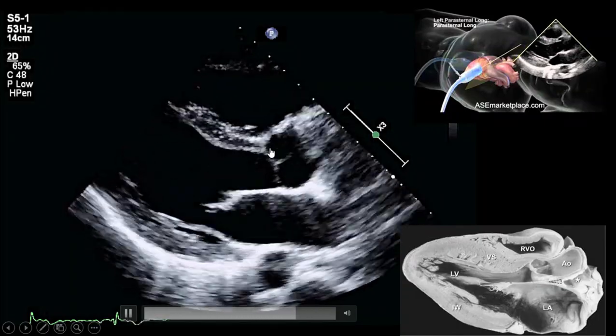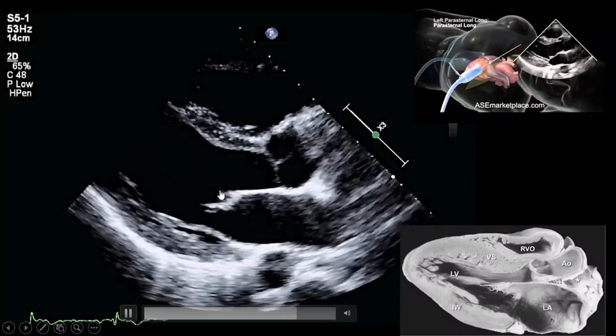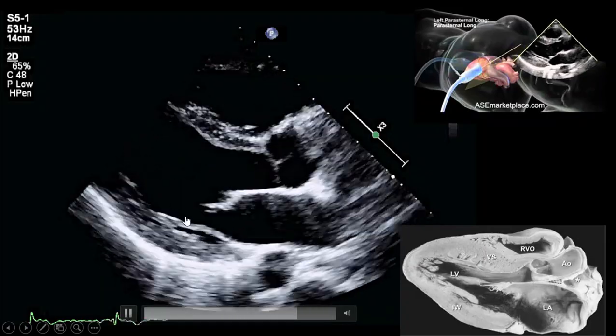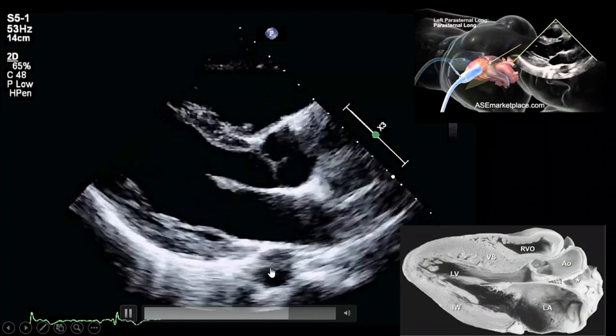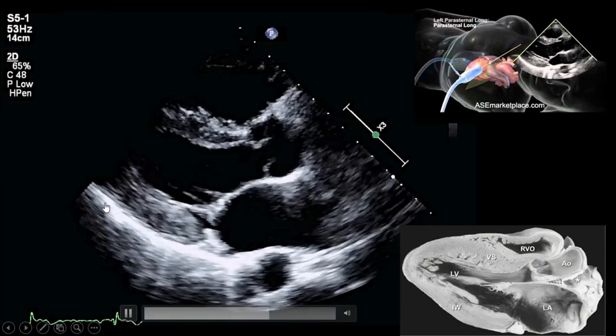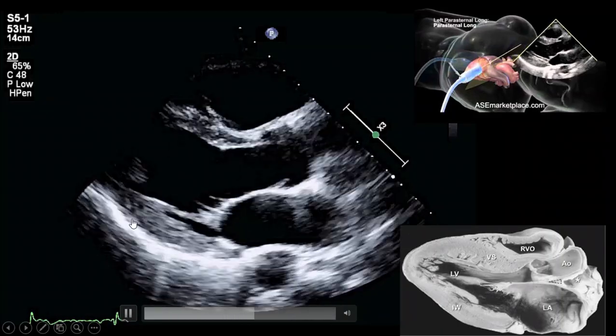Later we will talk about which one is which. Then the posterior wall, anterior mitral valve leaflet, posterior mitral valve leaflet, and some chordae tendineae here. We will see a hyperechoic line, the left atrium, and the descending thoracic aorta here. And here a very hyperechoic, reflective, thick line. This is the pericardium.